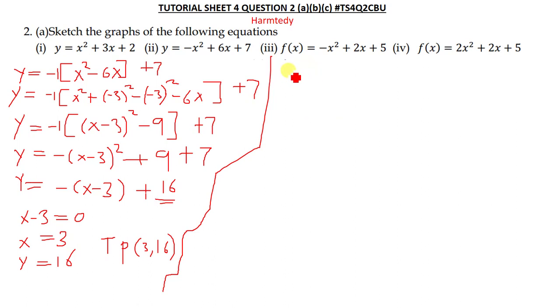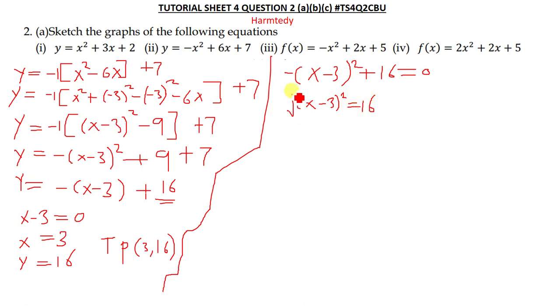So we're going to say negative (x minus 3) squared plus 16 is equal to 0. So we take this negative 16 and then divide by -1 on both sides. We're going to have something like this.